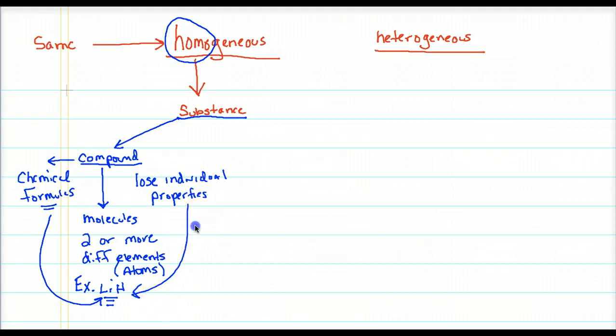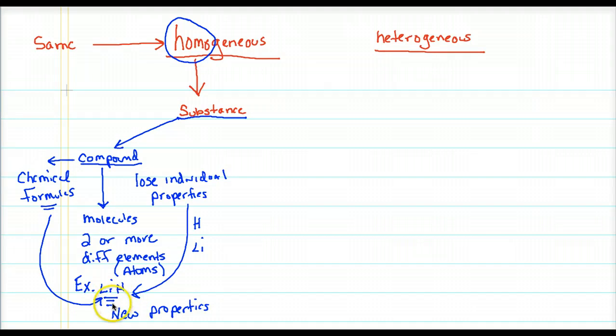So hydrogen loses its individual properties. Lithium loses its individuality and becomes a new set of properties. So compounds differ because new properties result because a new structure results.